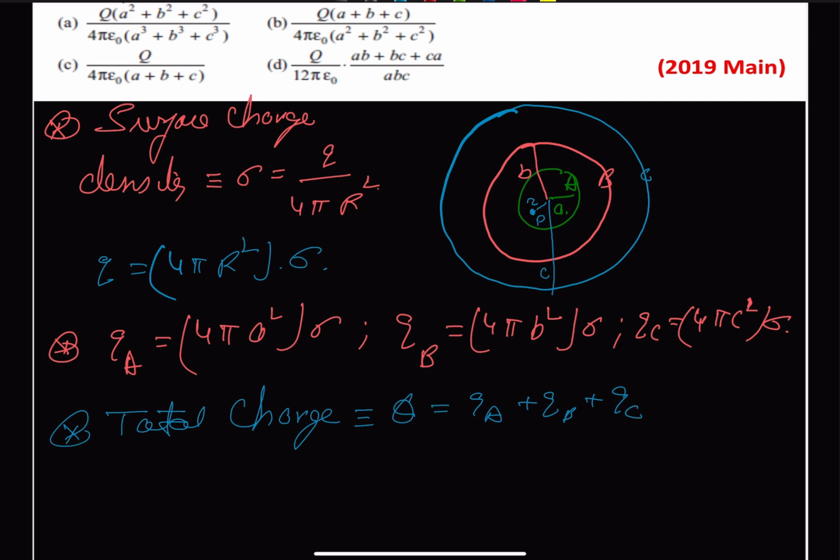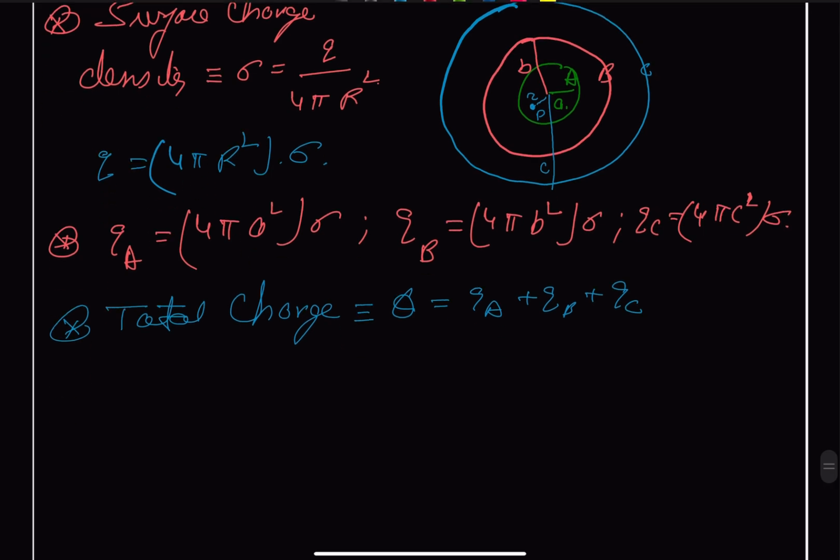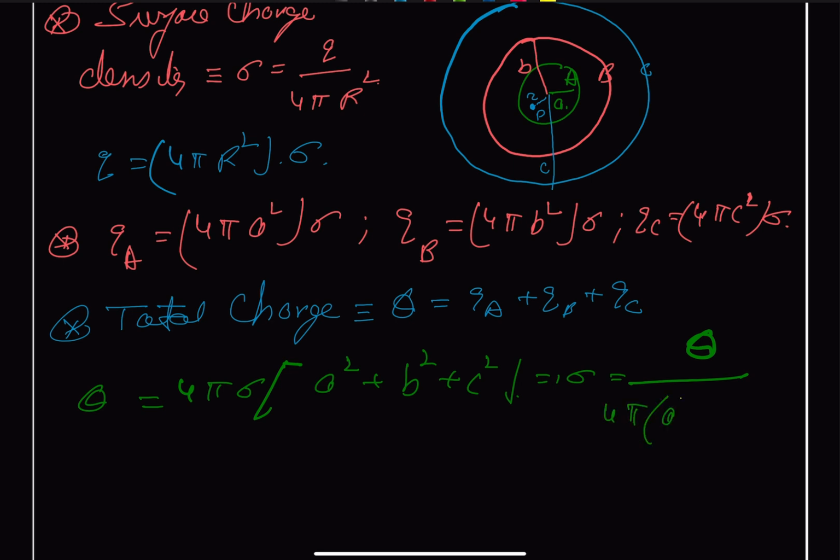Taking the common factors, that is 4 pi and sigma, we get capital Q is equal to 4 pi sigma times A square plus B square plus C square. Therefore, our charge density in terms of the total charge Q will be sigma equal to Q upon 4 pi times A square plus B square plus C square.